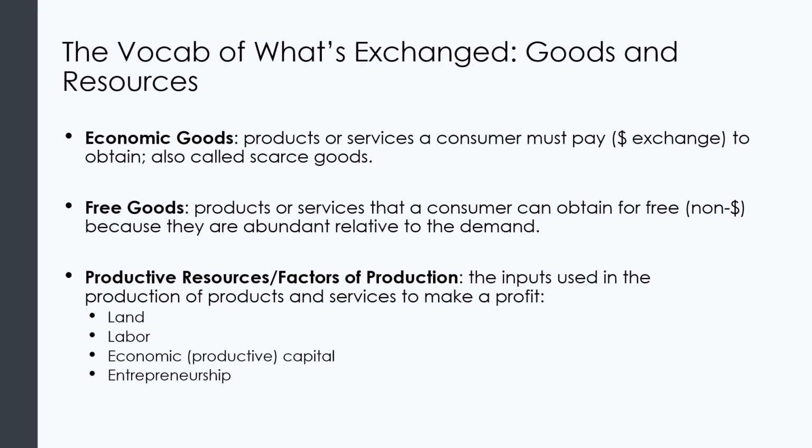There's a monetary exchange of some value or the promise of money if you're paying by credit card in order to obtain those things. So there's a transaction that we have with a monetary exchange. Economic goods are also called scarce goods. And we will come back to this notion of scarce as we move through our chapters this semester.